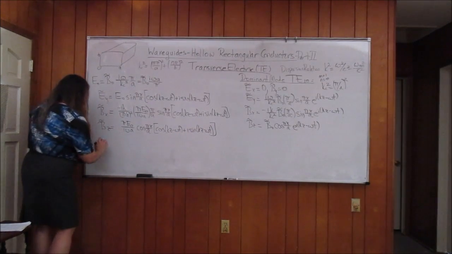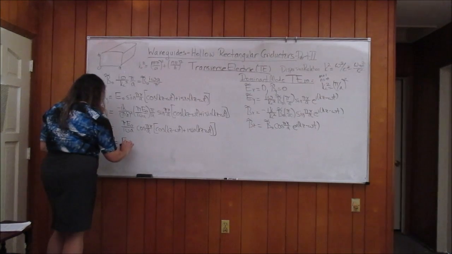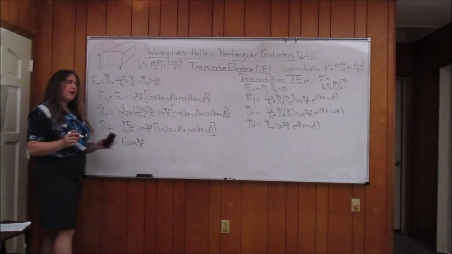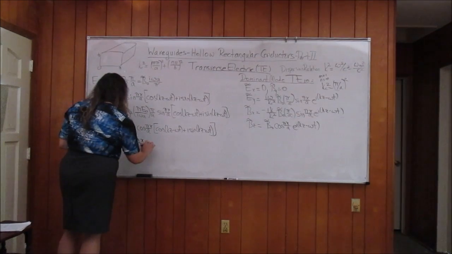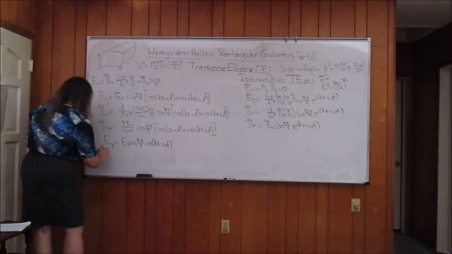And as I said, we want to take the real part, so E sub y is equal to E naught sine pi x over a times cosine kz minus omega t.